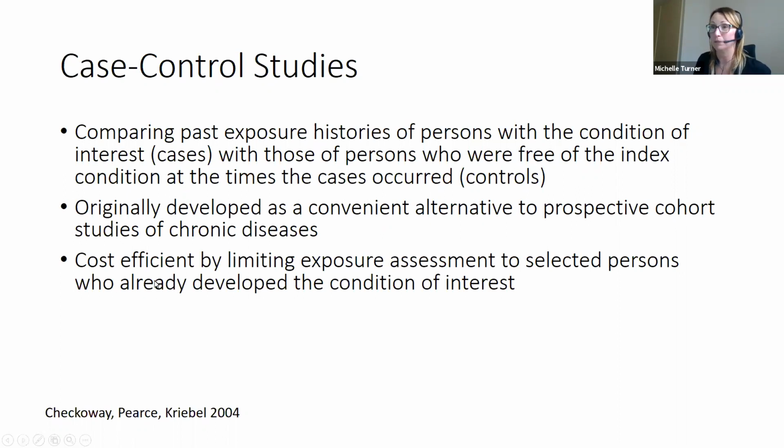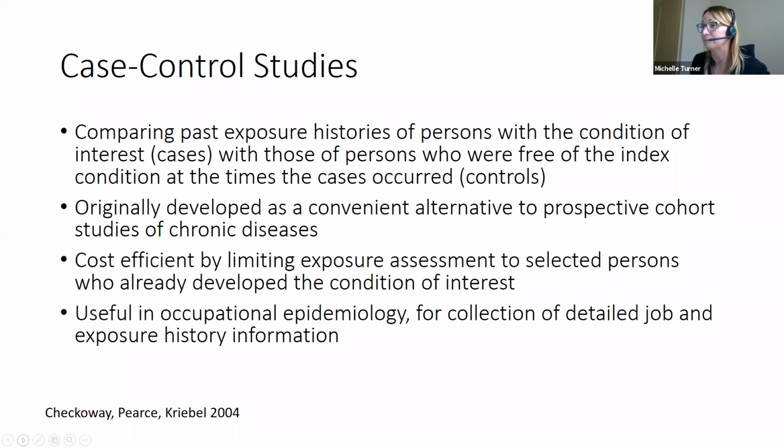They can be definitely more cost efficient by conducting oftentimes much more detailed exposure assessment on the cases and controls versus conducting a detailed exposure assessment on everyone in a large cohort study, where many will not go on to develop the disease of interest.